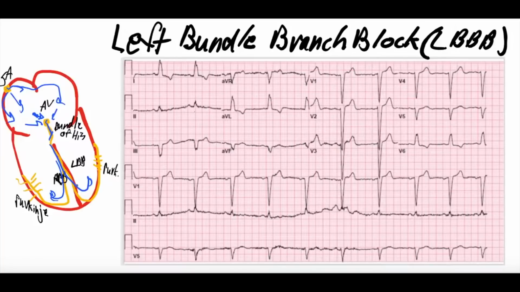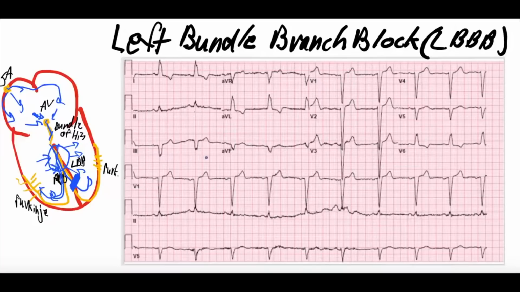In a left bundle branch block, you have a block in the left bundle. That means the depolarization through the heart is going to preferentially go to the right, and then you're going to depolarize the left side through the septum here. And that's how the left ventricle depolarizes.